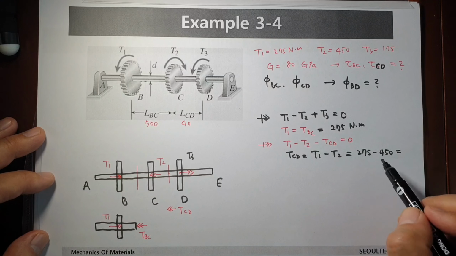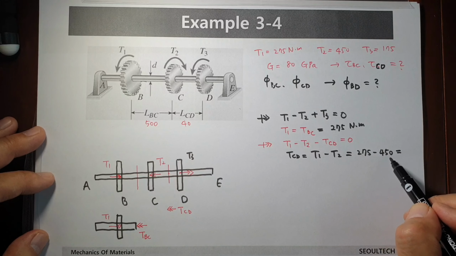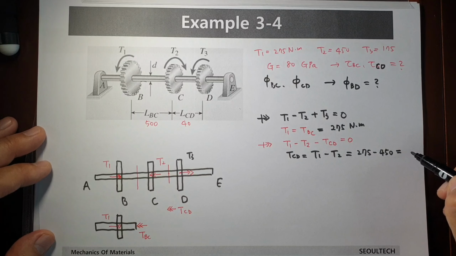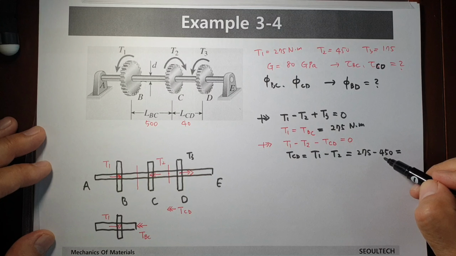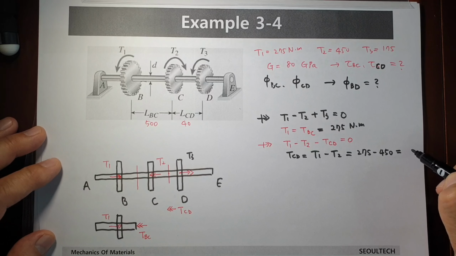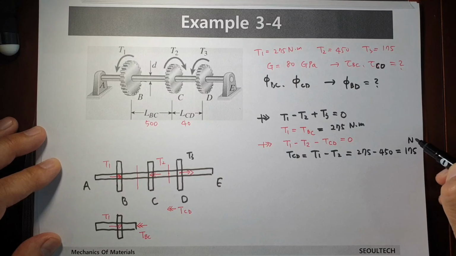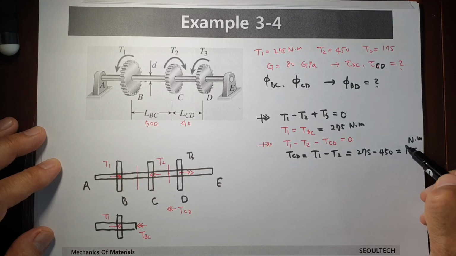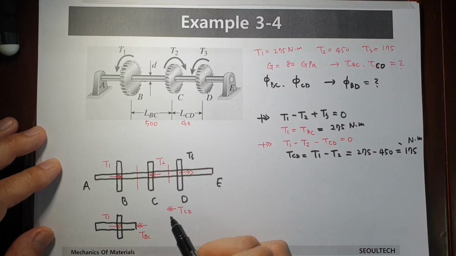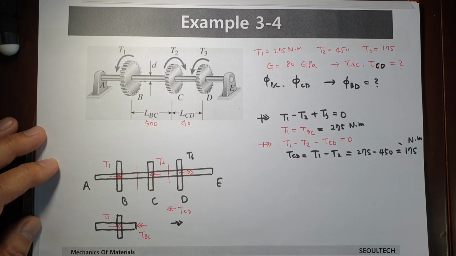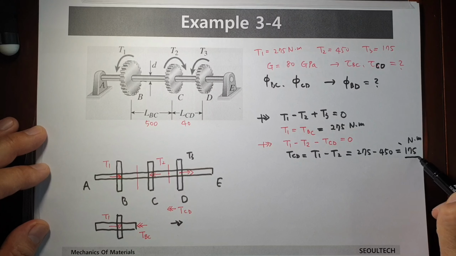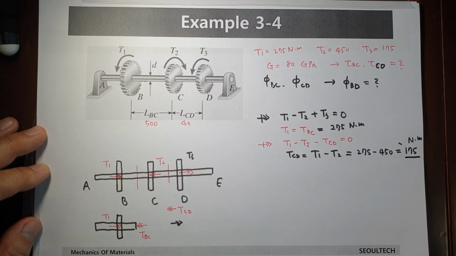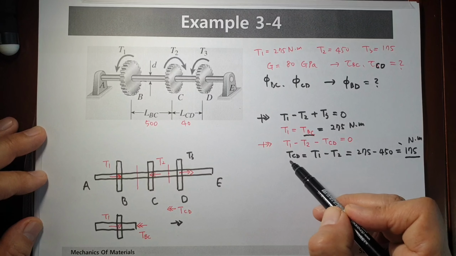Then this one is minus 175 Newton meter. Of course, the direction is the minus direction, not this direction but the other direction, based on the final calculation like this one. Okay, we found TBC and TCD.